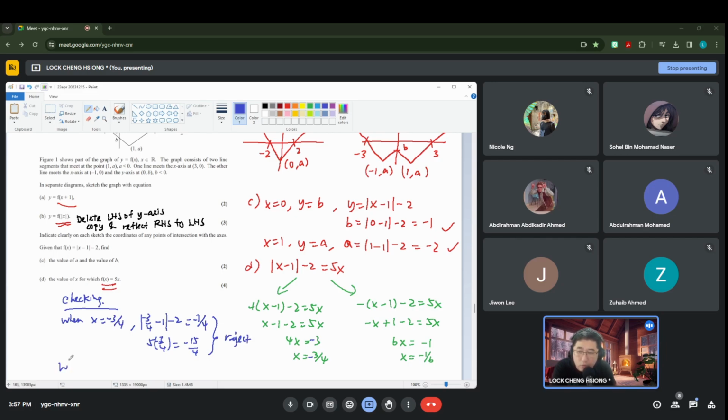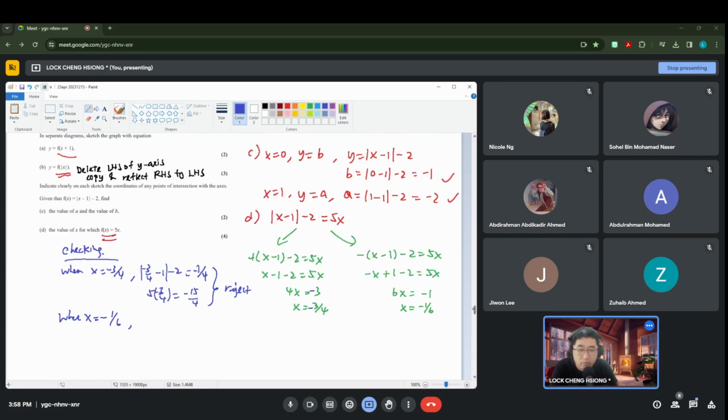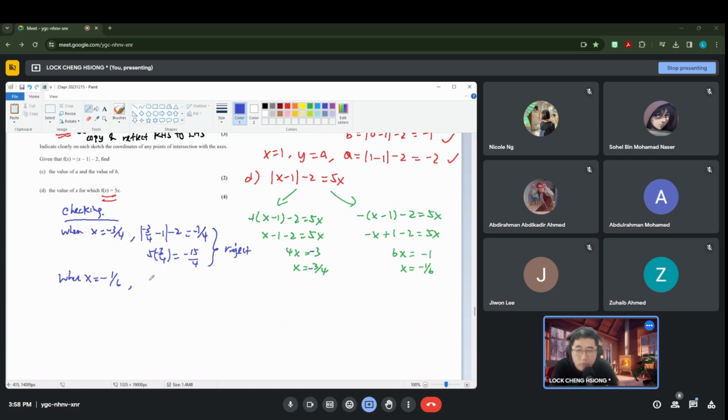Okay. So when x equals negative 1 over 6, modulus of negative 1 over 6 minus 1, minus 2 gives negative 5 over 6.